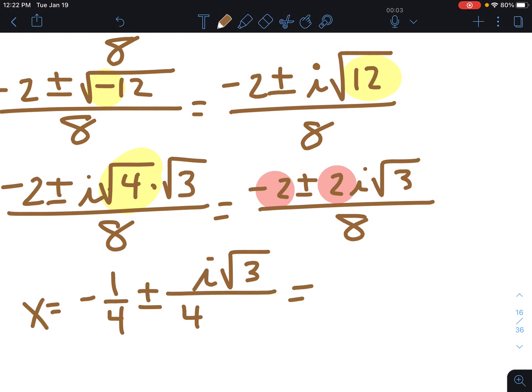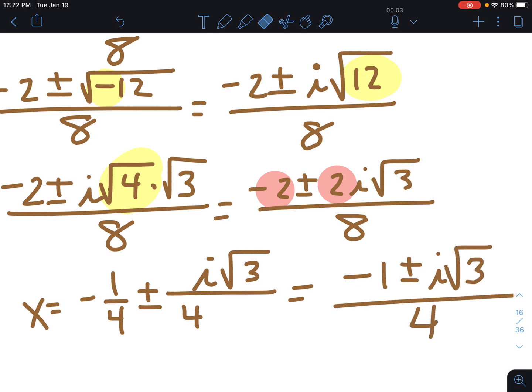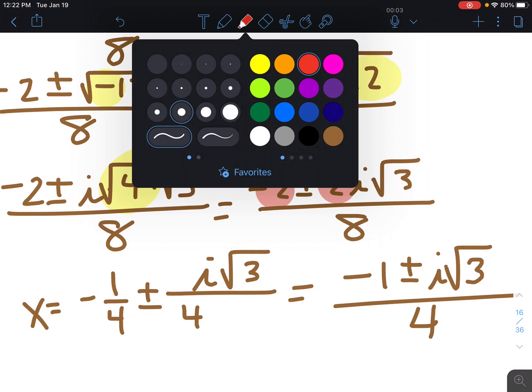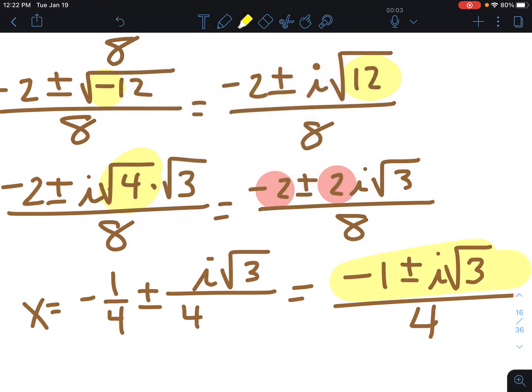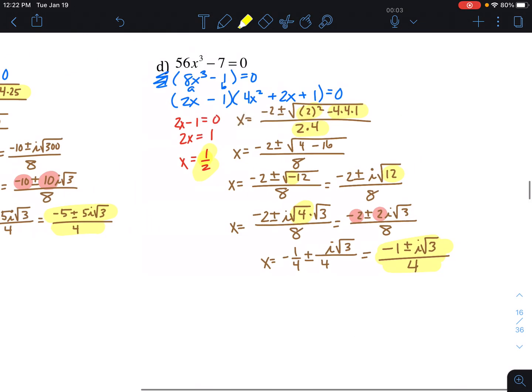And since both denominators have 4, you can put it together as one fraction. So negative 1 plus or minus i root 3 over 4. And that's the other two answers to the problem right here to go along with your 1/2.